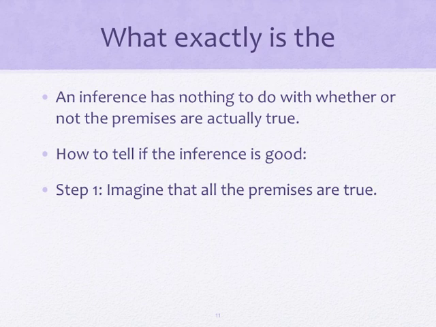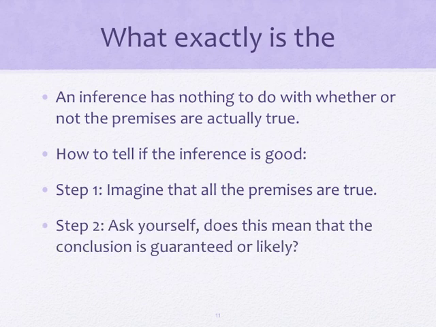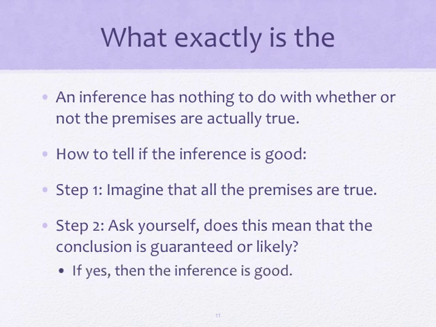You don't have to imagine very much. But in the Jane argument, the premise was Jane lives in Florida. So that might be false. Maybe she doesn't. But to evaluate the inference, just imagine for the sake of argument that she does. So after you imagine they're all true, you have to ask yourself, does this mean that the conclusion is guaranteed or likely? And if the answer is yes, then the inference is good. If not, then it's bad.